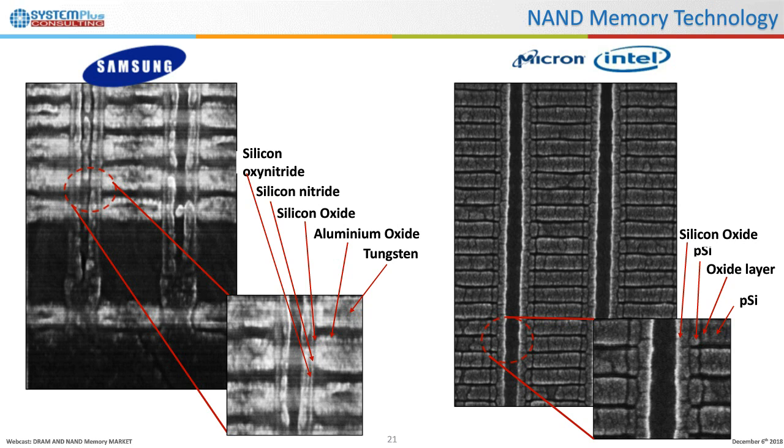They use tungsten as the word line, and aluminium oxide is also used as a high-k dielectric blocking layer. When they are depositing these materials, they face the challenge of the machinery, because it has to be done by atomic layer deposition. That is very slow, quite complex, and quite expensive, compared to Micron and Intel, which are still using the floating gate.